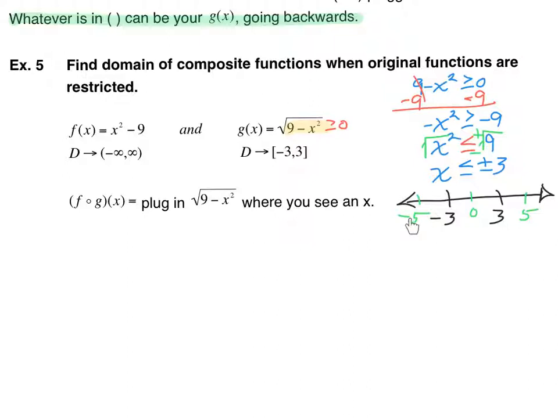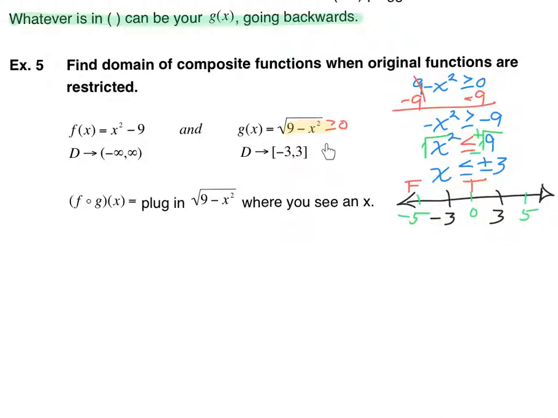So let's start with negative 5. Negative 5 times negative 5 is positive 25. 9 minus positive 25 is negative 16. So that's false. I can't take the square root of a negative number. Then let's test 0. 0 squared is 0. 9 minus 0 is 9. I can take the square root of 9. That's 3. So this is true.